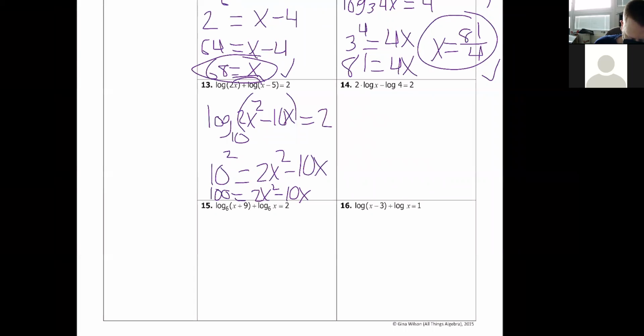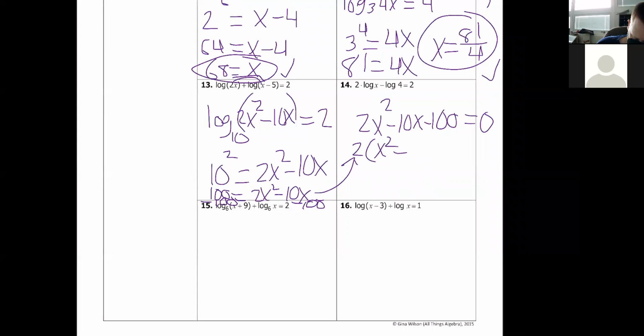Usually I just try and keep my x squared part positive if possible. So if I subtract the 100 over, you basically have this: 2x squared minus 10x minus 100 equals 0. I'm kind of switching the sides too. But if you subtract the 100 to the other side, then you could factor out a GCF, like a 2.